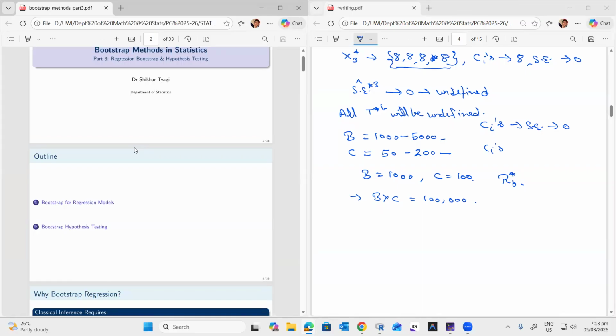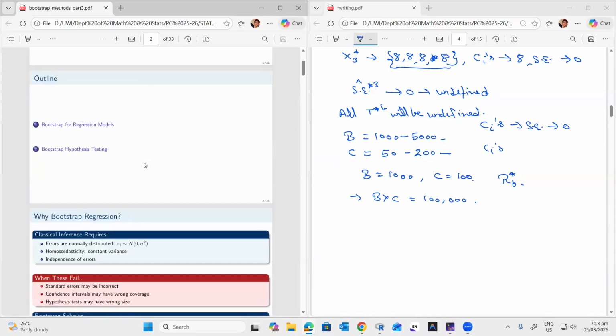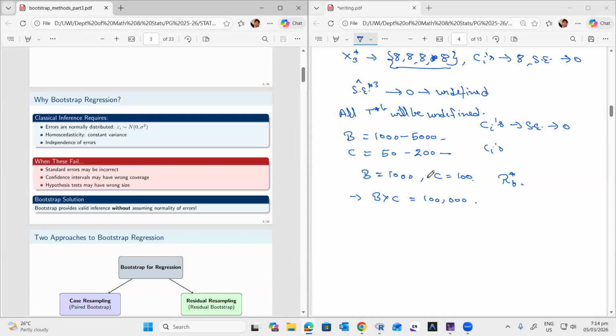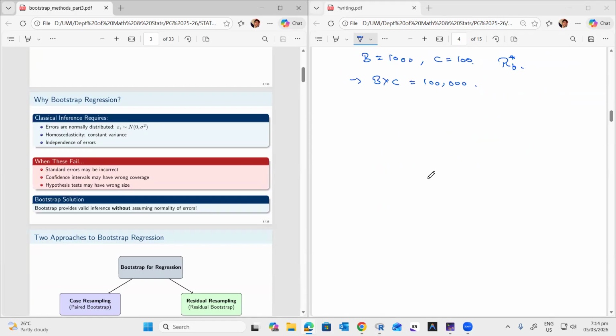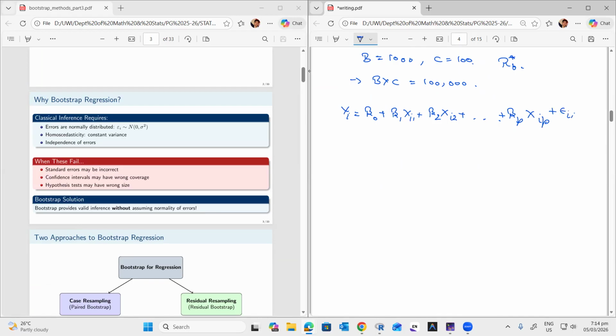So when we talk about linear regression, what are the assumptions for the linear regression model? Suppose we have the linear regression model, yi equals beta naught plus beta 1 xi1 plus beta 2 xi2 and up to plus beta p xip plus epsilon i, where i goes from 1 up to n.